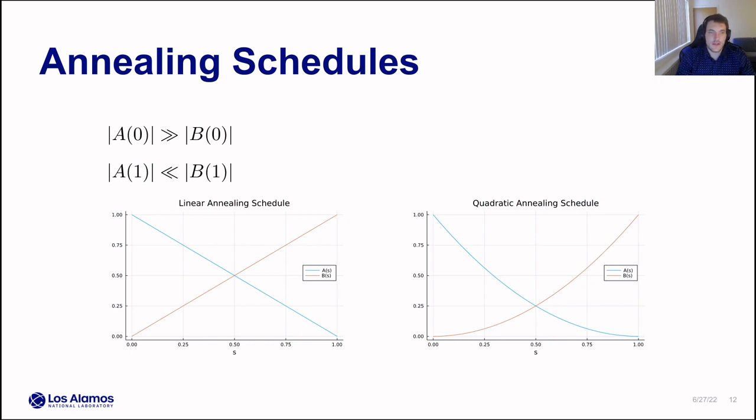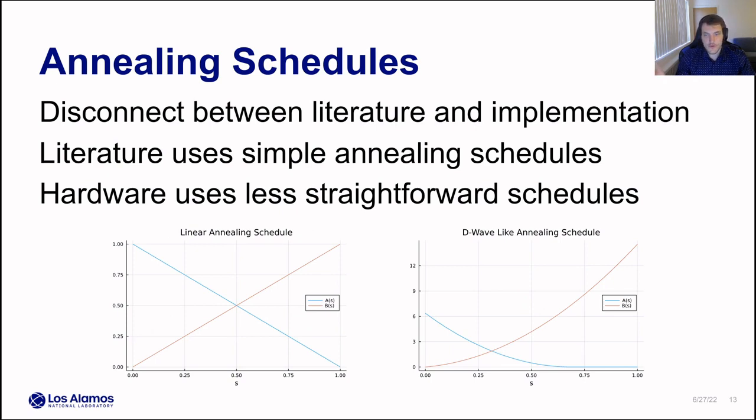Here I'm showing the linear annealing schedule and a quadratic annealing schedule, both of which are quite popular within the literature. But unfortunately, when it comes to real-world hardware, quite often these annealing schedules aren't as simple as they appear in the literature.